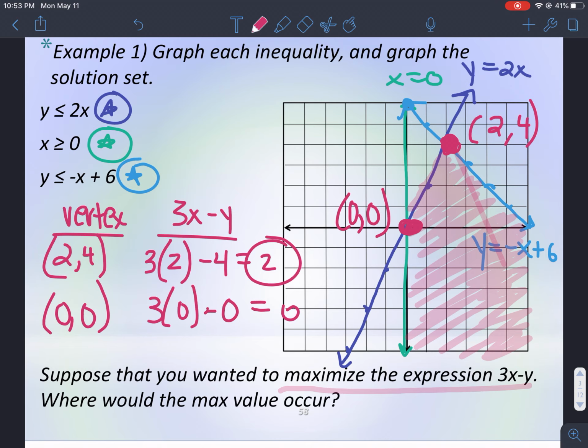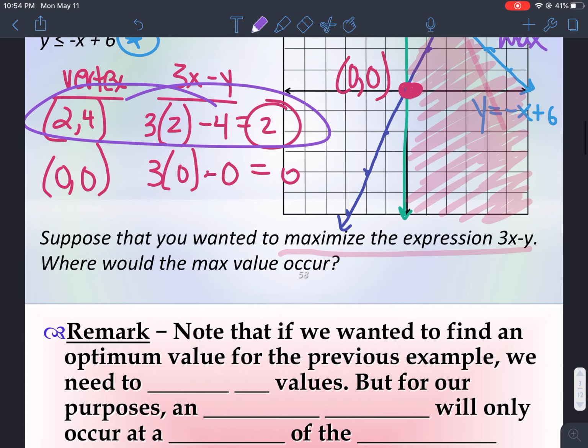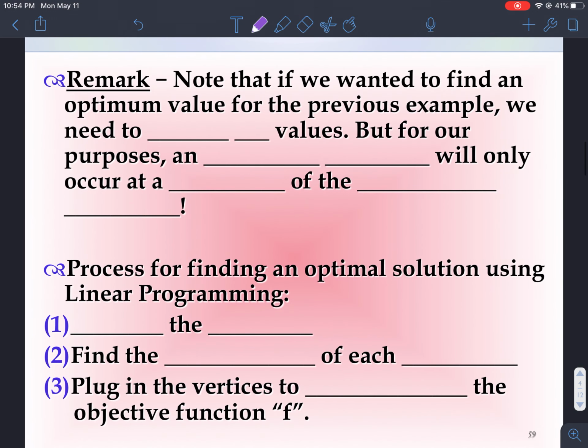So if I take a look at these two things, what's the maximum value? The maximum would be 2. It's a single number. So that is my max. It seems intuitive at the moment because it's the highest point. Okay, so what we have done is a little bit of linear programming to find the best solution.